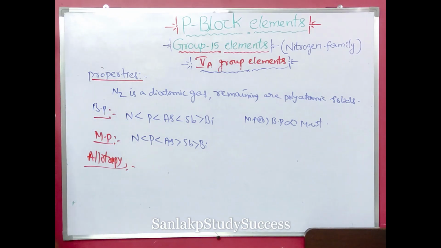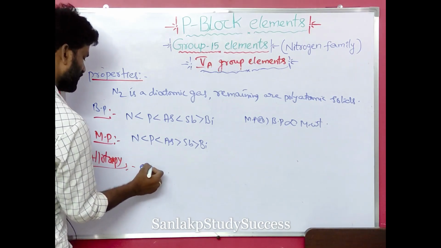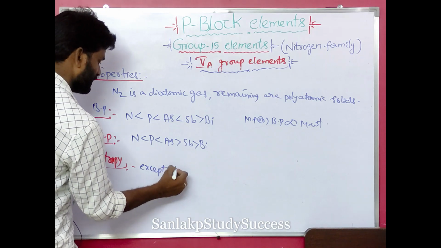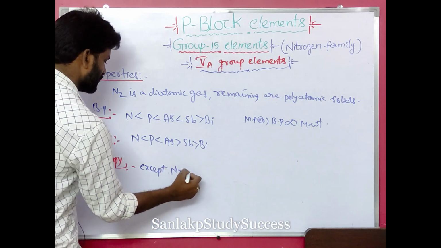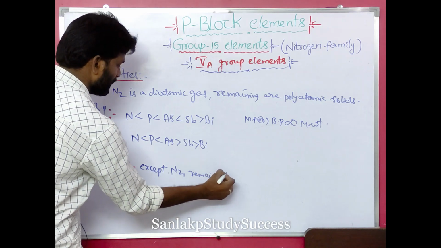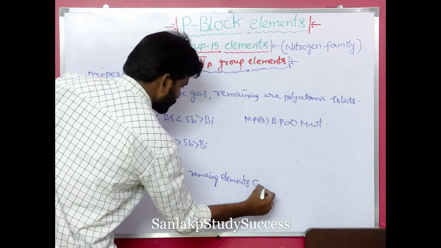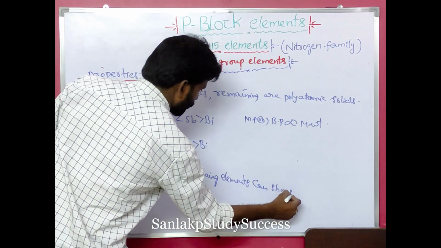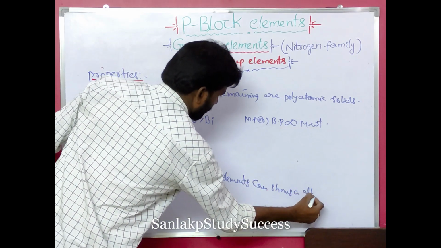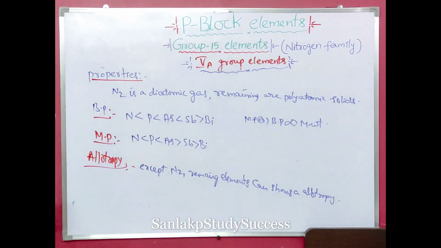Here, allotropy: except nitrogen, the remaining elements can show allotropy.